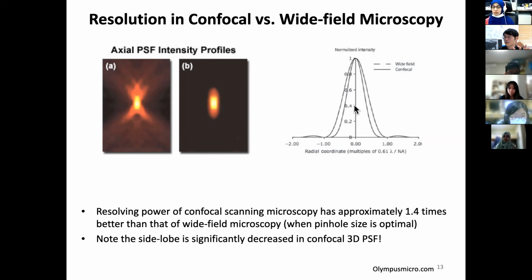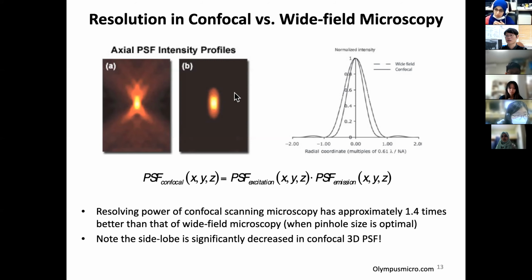So it actually has a 40% improvement in lateral resolution. Also, another aspect is you can see the side lobes over here, but confocal dramatically reduces the side lobes. You have a much cleaner image in the 3D point spread function. So that allows nice three-dimensional imaging of confocal microscopy.